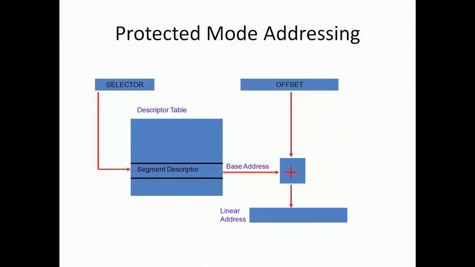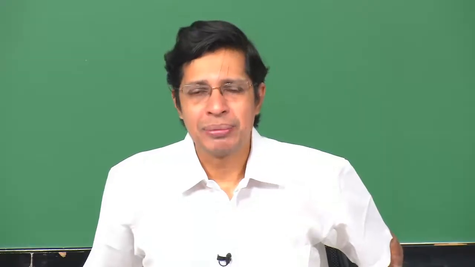So, what is protected mode? The adjective protected itself says that there is some protection. Yesterday we talked about segmentation. What the operating system can do is have many segments and give some segments to a program.